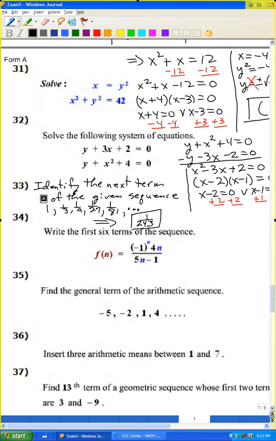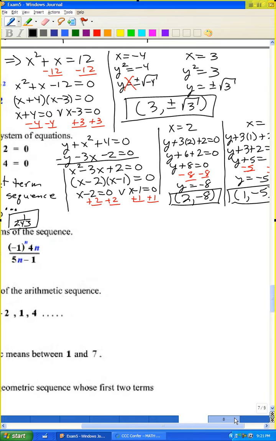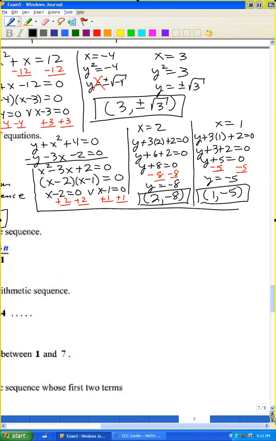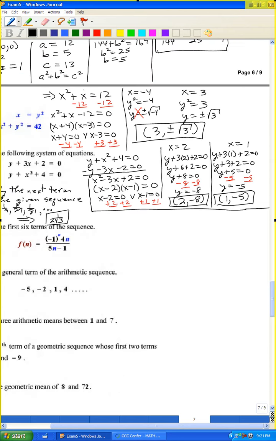Okay, right, the first 6 terms of the sequence. Okay, so let me do that. Let me get some room here to do this. So f of 1 is -1 to the 1, 4 times 1 over 5 times 1 minus 1.